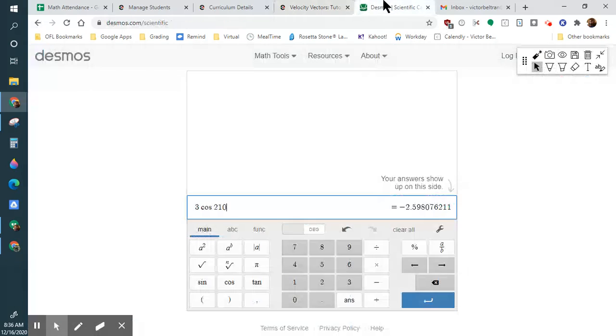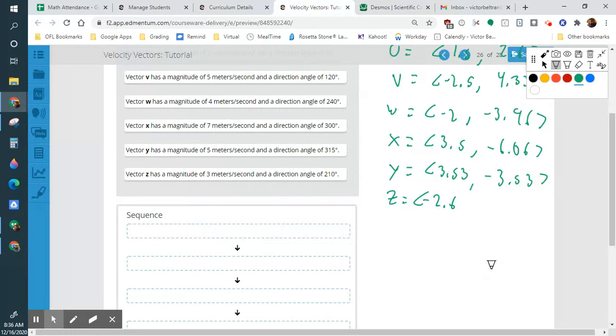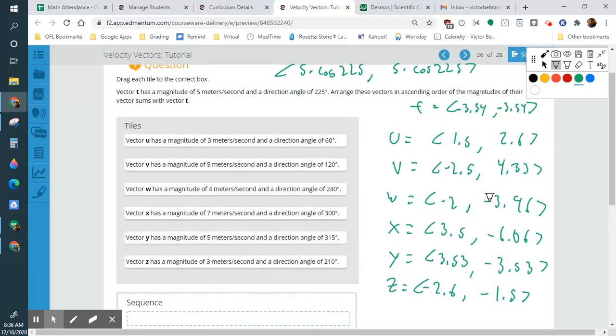Hopefully all of this is right and I didn't mess something up, because otherwise we're just going to look at their answers. I wanted to go through this though and show you guys the process of how to do it, and not just, hey, here's Edmentum solving it for you. So here are all the vectors.